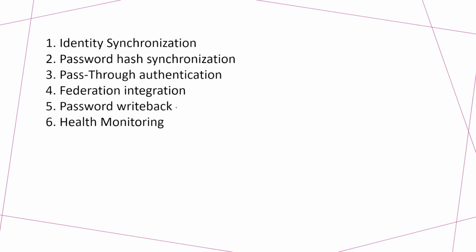Right, so password write-back. Password write-back is a feature enabled with Azure AD Connect that allows password change in the cloud. It allows users to change the password from the cloud, that means from Azure AD, and then it will be written back to your on-premise AD.